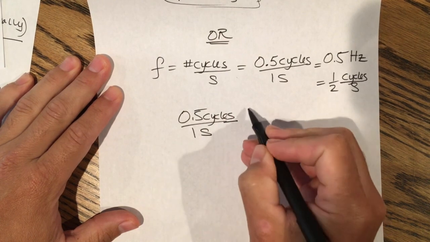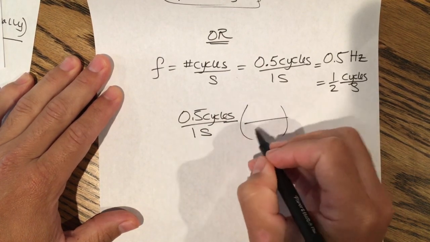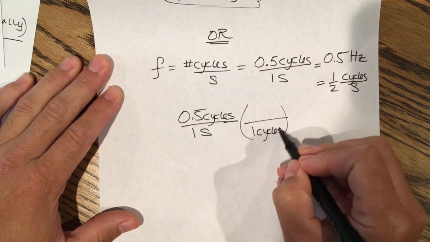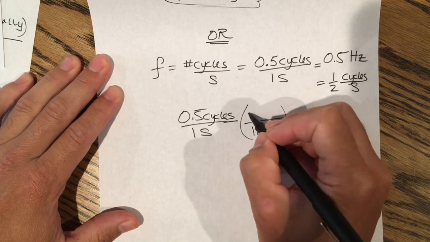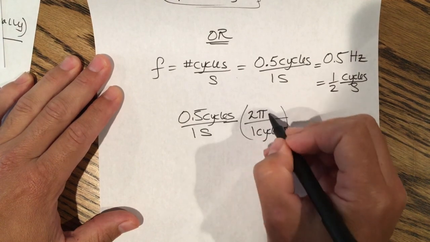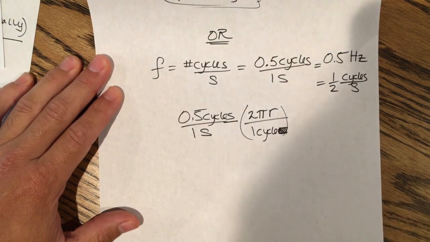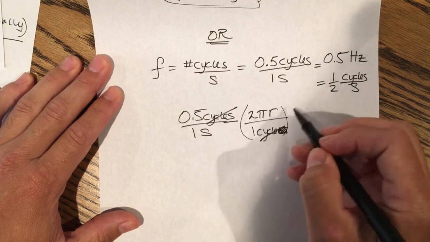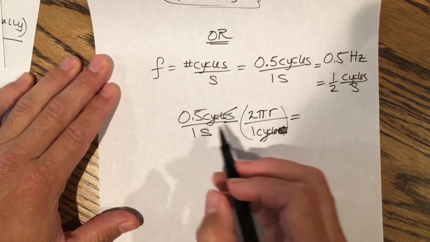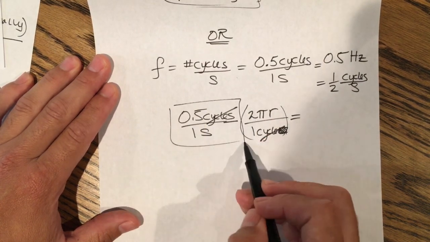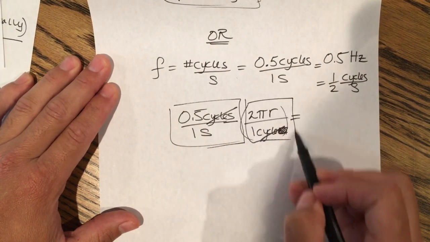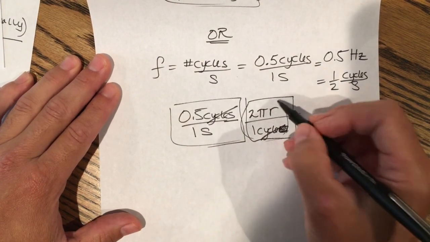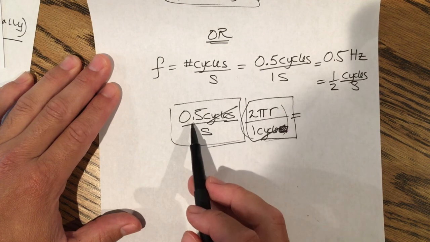We said a cycle is once around a circle, so if we do a conversion here, one cycle is equal to 2 pi times the radius, because it's the circumference. So I cancel off my cycles, and I'm left with the frequency times 2 pi r. In our case, this was 100 miles, so 100 miles times 0.5.